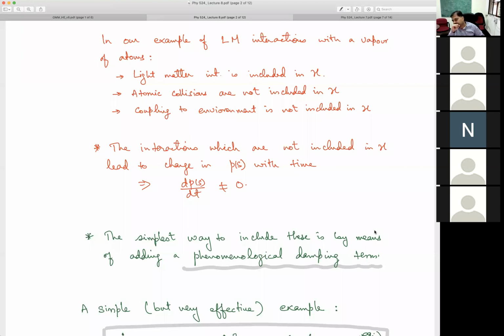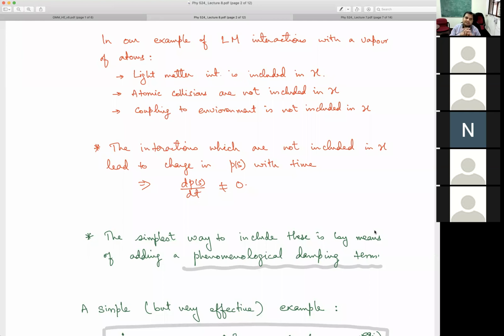Whatever Hamiltonian we solved for one photon absorption, they are not included in H. Then coupling to the environment is not included in H. So I have this box, and the box may have some vibrational degrees of freedom which may be influencing the vapor, but they are not explicitly included in this Hamiltonian.